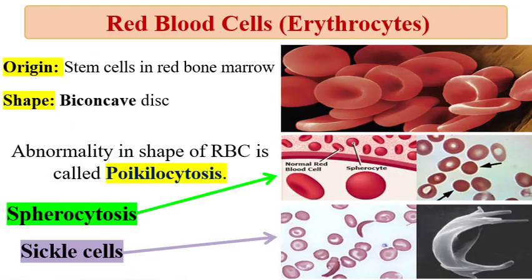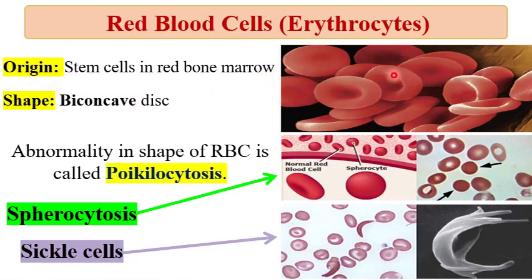Red blood cells, erythrocytes, RBCs, all of them are names of the same cell. The origin of RBCs is the stem cell in the red bone marrow. So the bone marrow is the source of all blood cells, like RBCs.